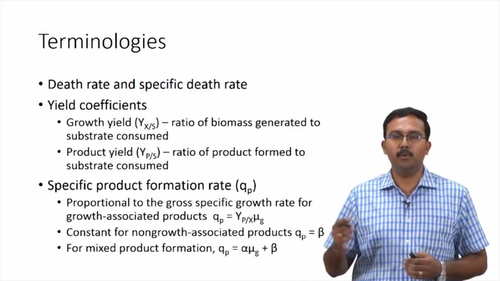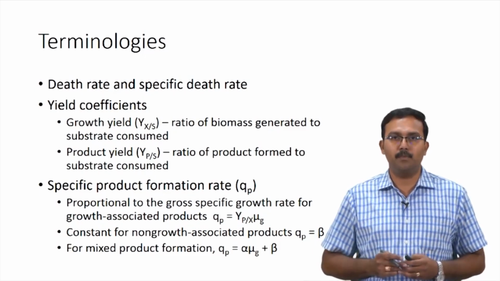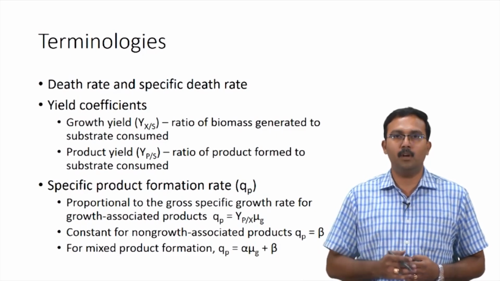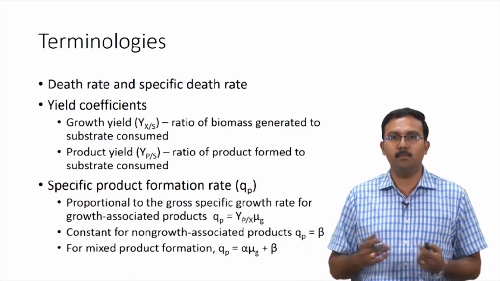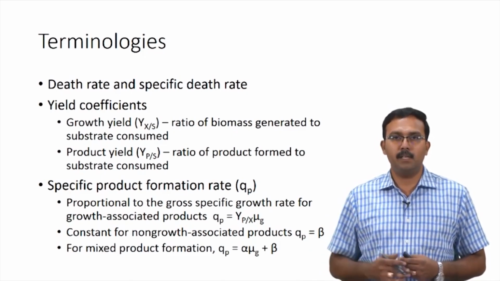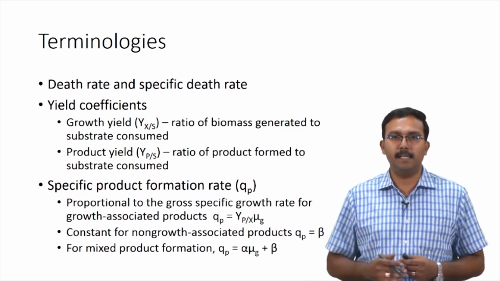So, that is why Qp would be equal to beta, a constant, for non growth associated product formation. In case you have a mixed product formation, where you have some non growth associated products and some growth associated products being formed simultaneously, then the specific product formation rate Qp would be given as alpha mu g plus beta.